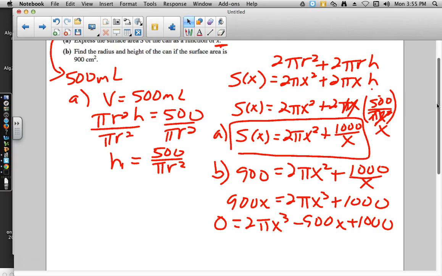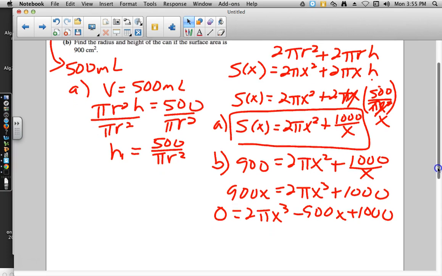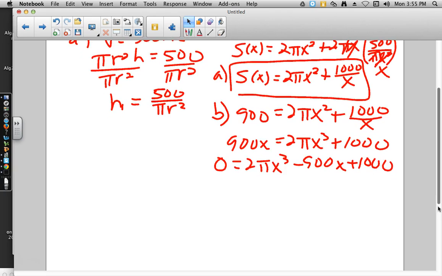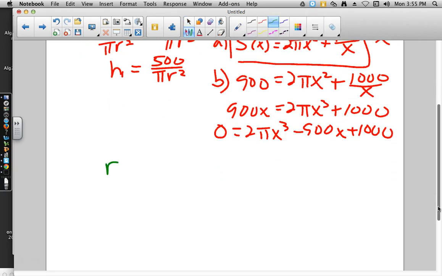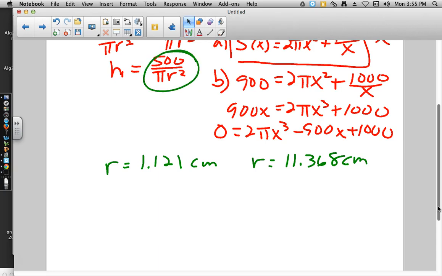All right, back at it because it said find the radius, pardon me, and the height of the can. So we have one radius of 1.121 centimeters and another radius of 11.368 centimeters, and we need the height. The good news is we've got a great little formula for that.